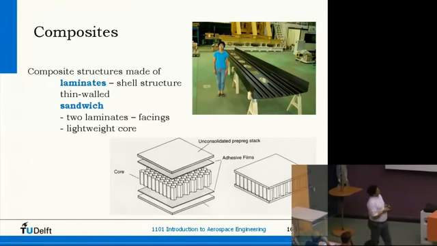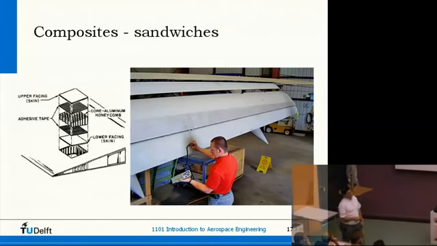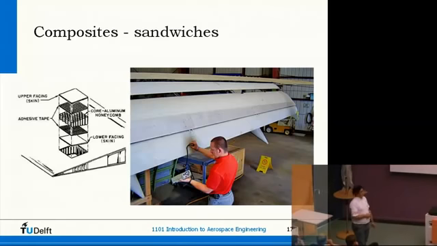And sometimes it is made in sandwich materials, either a honeycomb core material or sometimes a foam core material. Here you see, for instance, these flaps on an aircraft are in many cases partly or sometimes even completely made of sandwich materials. And here you see how it is constructed.